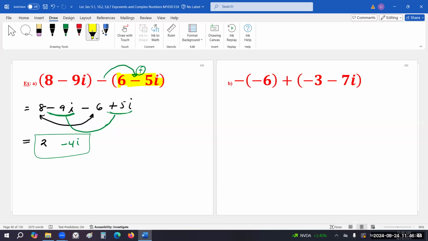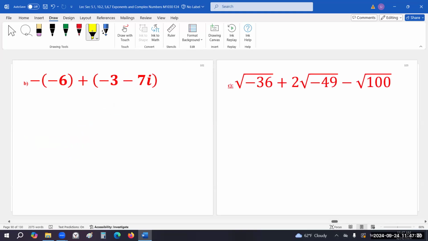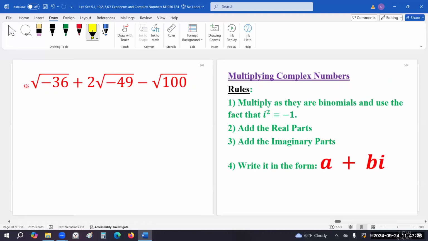We have a single number, and then we have a complex number. We still can combine them. One more. And then what do you have?